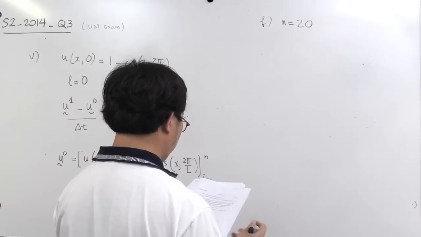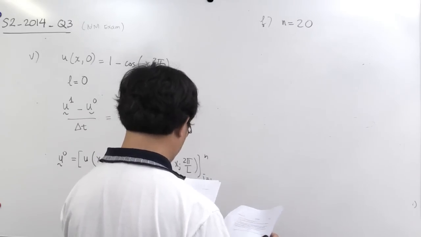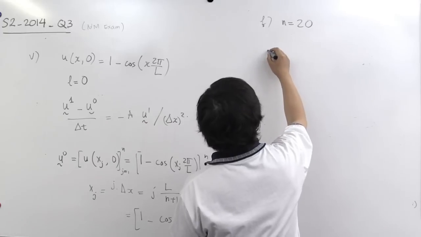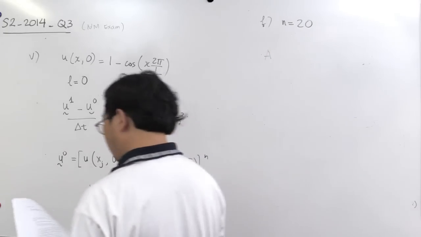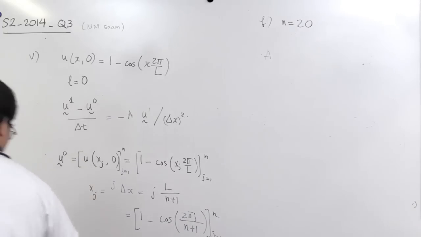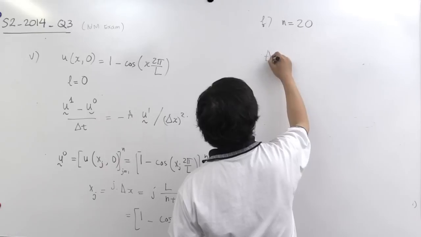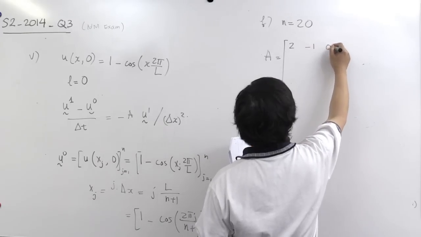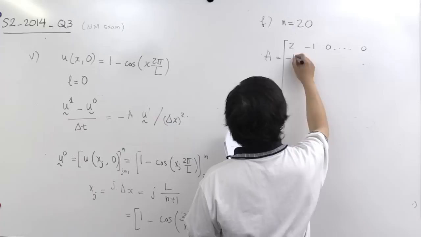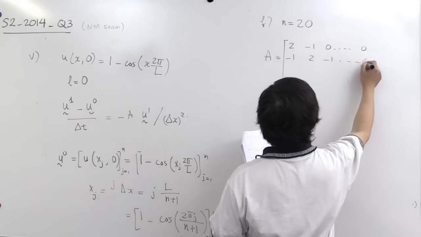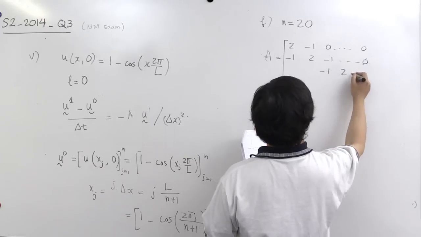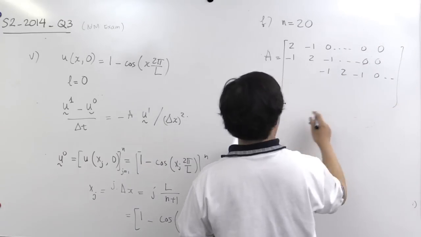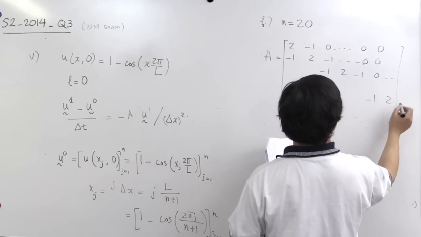Suppose n equal 20. Remember the matrix looks like this: 2, minus 1, 0, 0, 0 up to n, and minus 1, 2, minus 1, and then minus 1, 2, minus 1, and then 0, 0, and so on. The last row is minus 1 and 2.